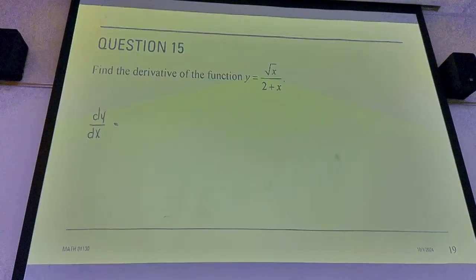Take that fraction, flip the whole thing upside down, and we have negative 1 power everywhere. But then it's only one term on the bottom. But how do you take the derivative of an entire function raised to a power? We haven't gotten there yet. So that's not going to work. You're right, that would be valid once we learn what we're going to learn next week. Got it. But right now it's not.